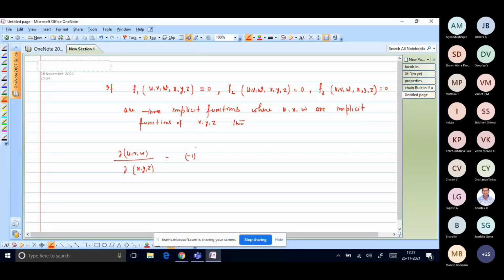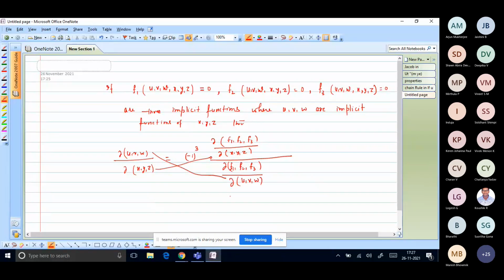This is minus 1 to the power 3, the Jacobian of f1, f2, f3 with respect to x, y, z, whole divided by the Jacobian of f1, f2, f3 with respect to u, v, w.